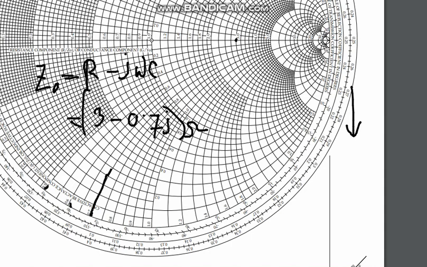Now we have to travel through this line. You can print it out and draw it at your own home. Just print out the PDF that I have given in the lecture module and go through this curve. That is the point of intersection, where the 3 circle cuts the 0.7 curve, that is the point of R minus j omega C.